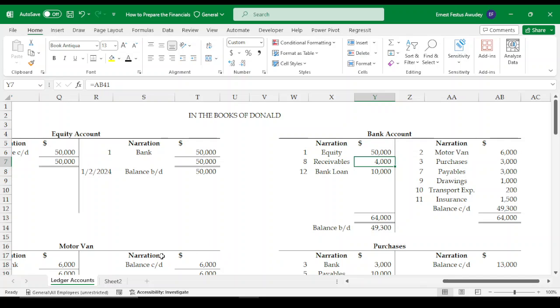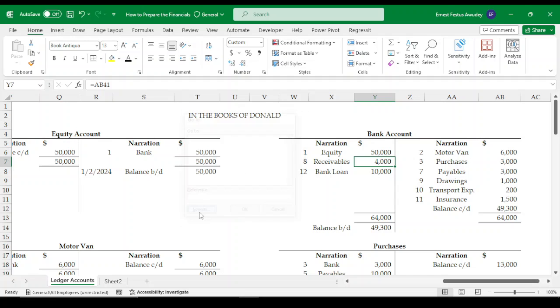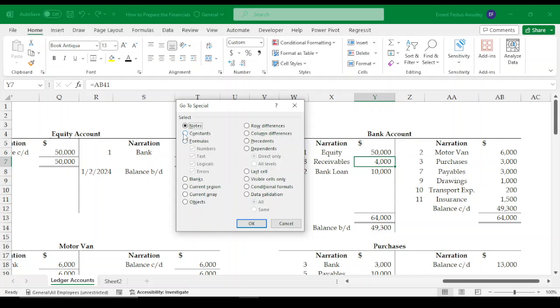So I'll go to F5. You just hit F5 on your keyboard, and that opens the go to window for you. What we'll do is go to special, and I'm going to select constants, with the exception of texts, logicals, and errors.